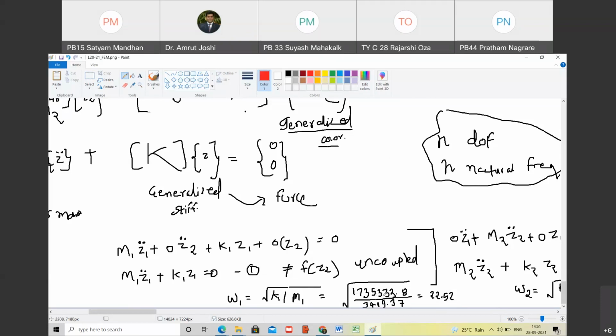173.333.8 divided by 3419.37. Then take a square root of 22.25. 22.5.